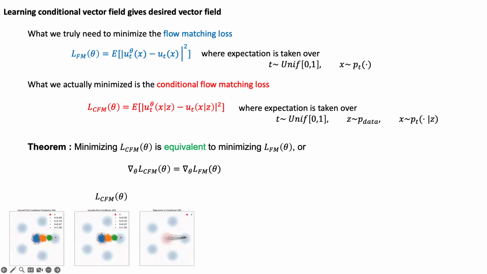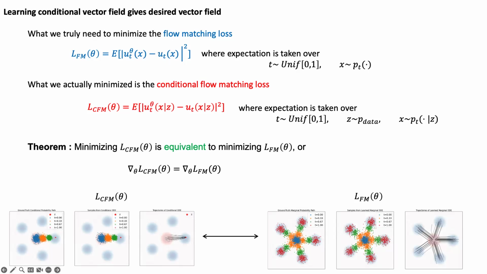So again, if you have a conditional vector field like this and you succeeded in minimizing this loss function, but once again, you have to do this with many samples. Doing it with only one doesn't give you anything. Then you can obtain the desired flow to the target distribution.